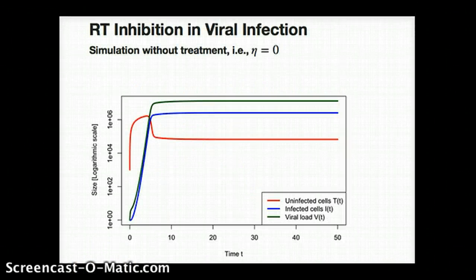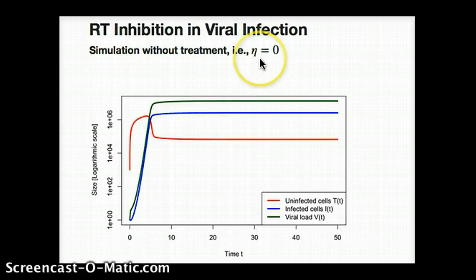So here we have a numerical solution of the mathematical model, and just for purposes of verification, we solve the equations with that effectiveness of treatment parameter equal to 0. And we're using the parameter values we had employed before for the scenario in which we had a stable endemic equilibrium.